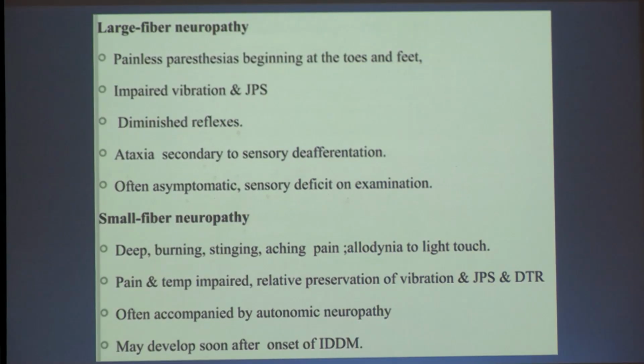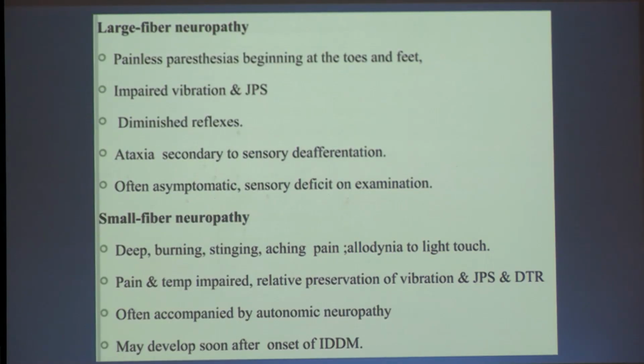Large fiber is well myelinated with a diameter exceeding 5 micrometer. A diameter less than 5 micrometer makes the small fiber. So large fiber or small fiber is differentiated on the basis of the thickness of a nerve.